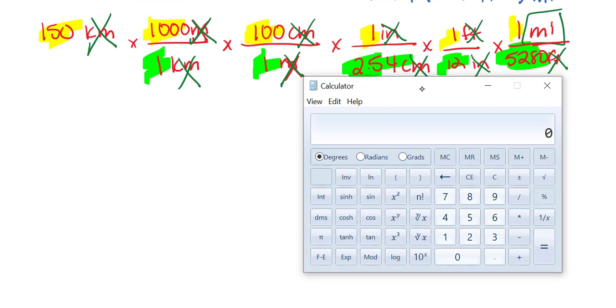Okay, so we can go 150 times 1,000 times 100 times 1 times 1 times 1. So that's just itself. And what do we get? Well, we got a really large number, right? So how many zeros are there? So 4, 5, 6.